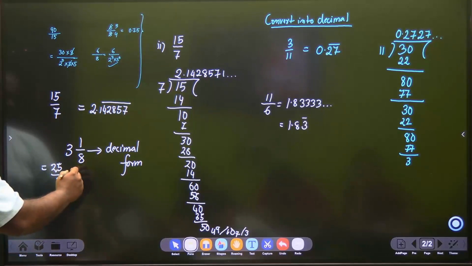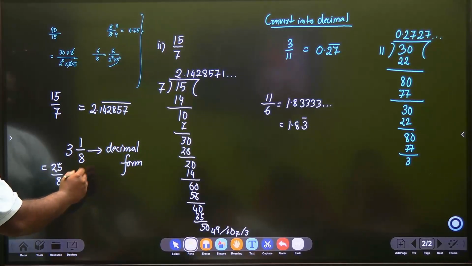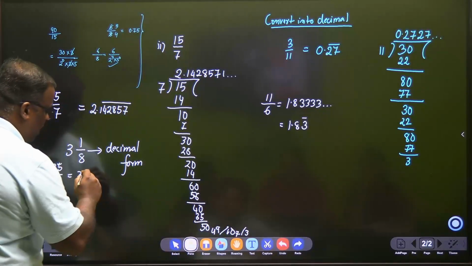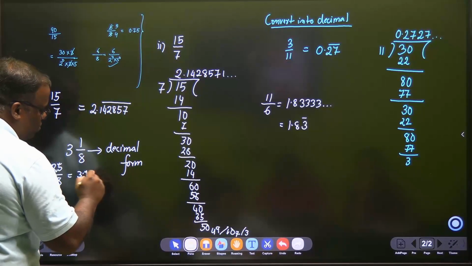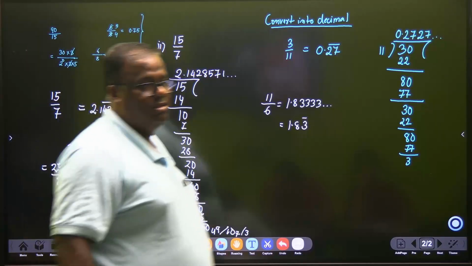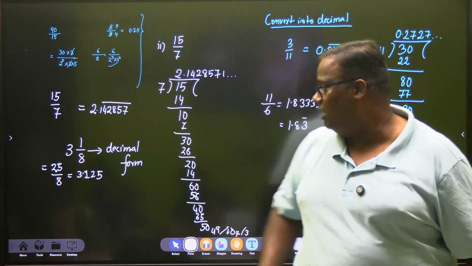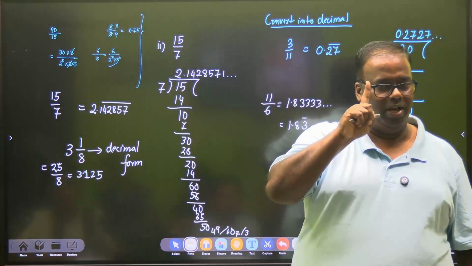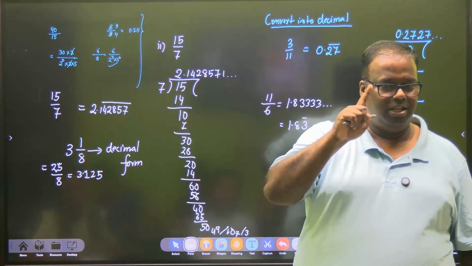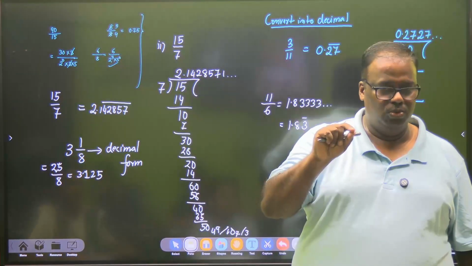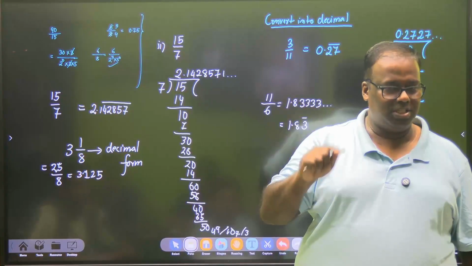We can do it orally. 8 3s are 24. So 10, 1.0. 8 1s are 8, 2 20. 8 2s are 16, 4 40. 8 5s are 40. 3.125. Do it like this, look at me. 25. 3 8s are 24. 1 can become 10. 8 1s are 8. 2 becomes 20. 8 2s are 16.